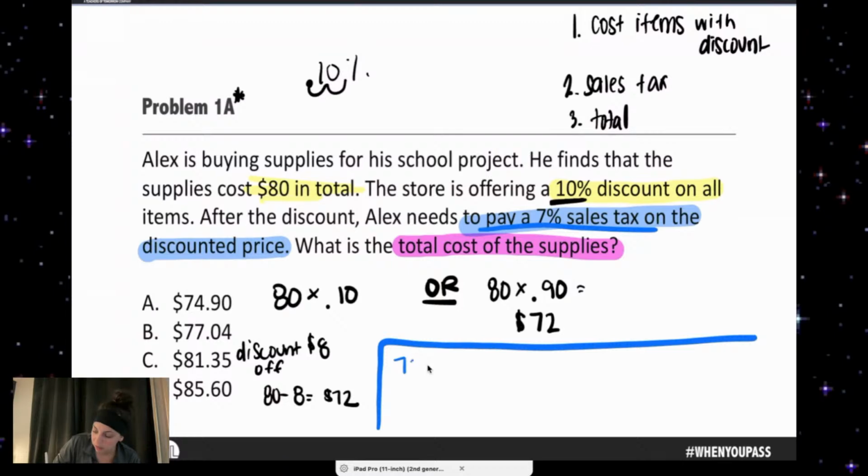I can multiply 72 times, now remember, when I convert a percentage into a decimal, I need to hop that decimal 2 places to the what? To the left.